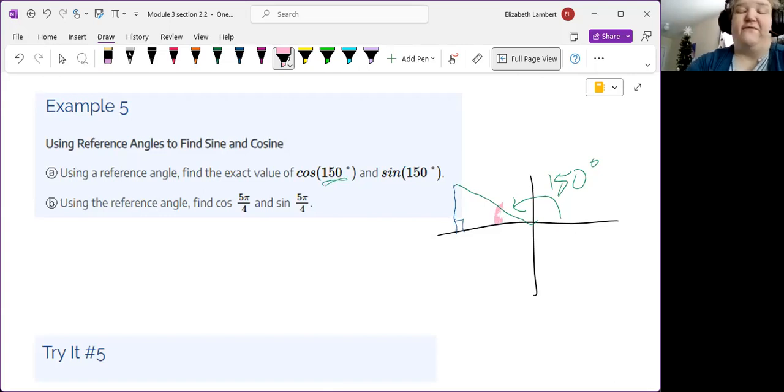Now if I look, the full way to get to the line is 180 degrees. And I know this part of it is 150. So to get that reference angle, this is 180 minus 150.